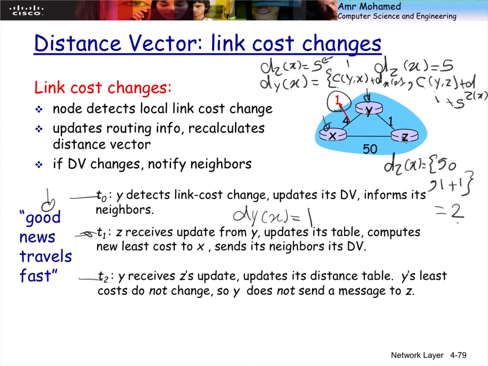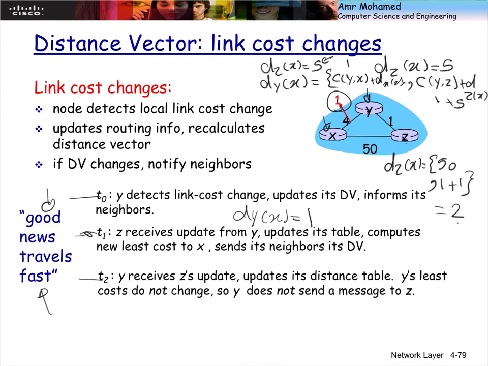So good news travels fast, because having a link with a better cost will not change the next hop for all the nodes in the network. We just need to report the new distances, and that takes 1 or 2 iterations and everyone will be happy. So that's the explanation of good news travels fast.